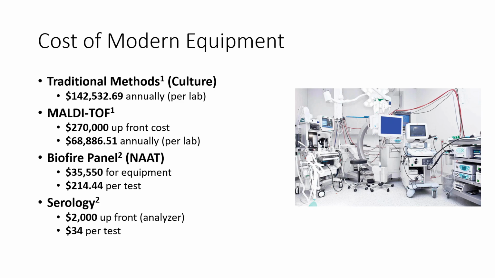A BioFire panel, which is used to run multiplex PCR assays, costs about $35,000 up front and costs about $214 per test. And serology, which is often the cheapest option, costs about $2,000 up front if you purchase an analyzer, and it costs about $34 per test.